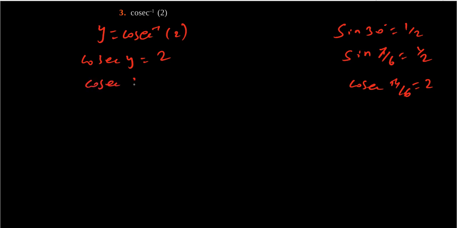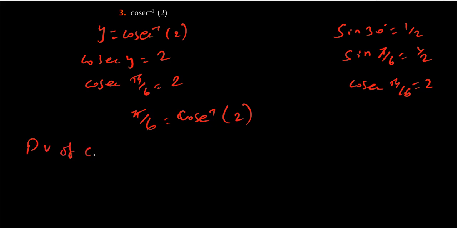So, cosecant pi by 6 is 2. If you bring this side, it will become pi by 6 equal to cosecant inverse of 2. So, the principal value of cosecant inverse of 2 is pi by 6.